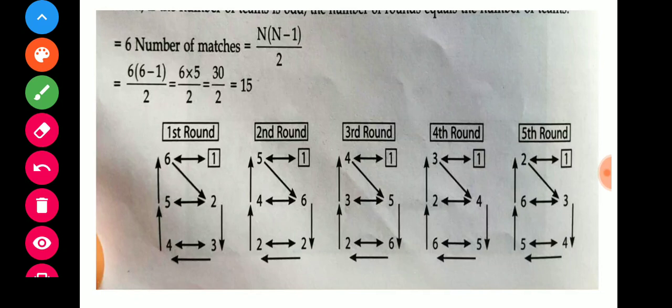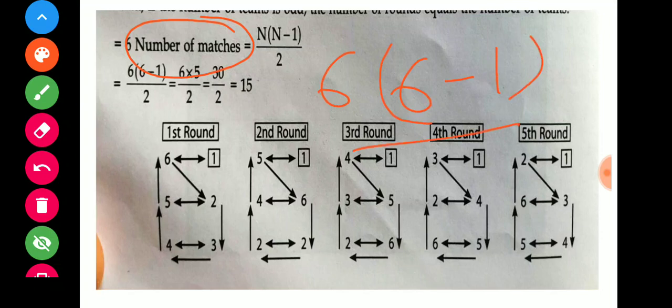So the number of matches would be 6 into 6 minus 1 by 2.